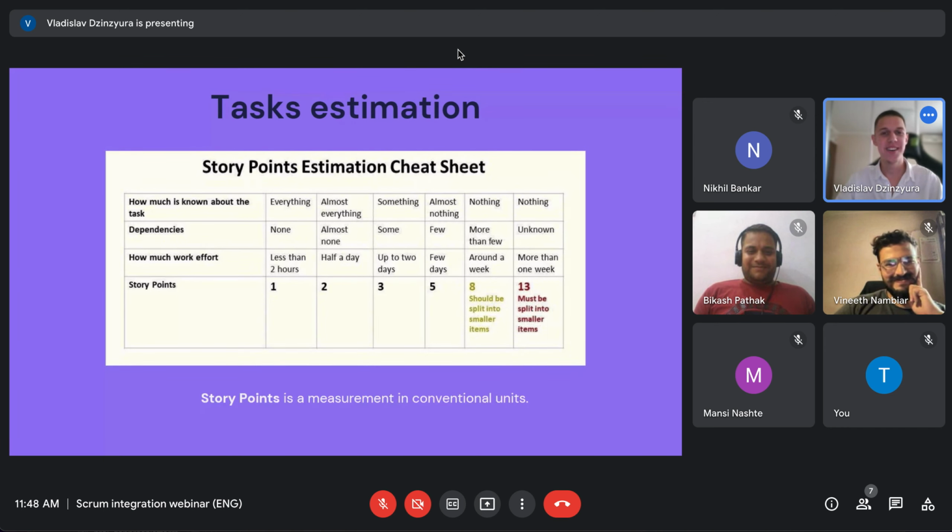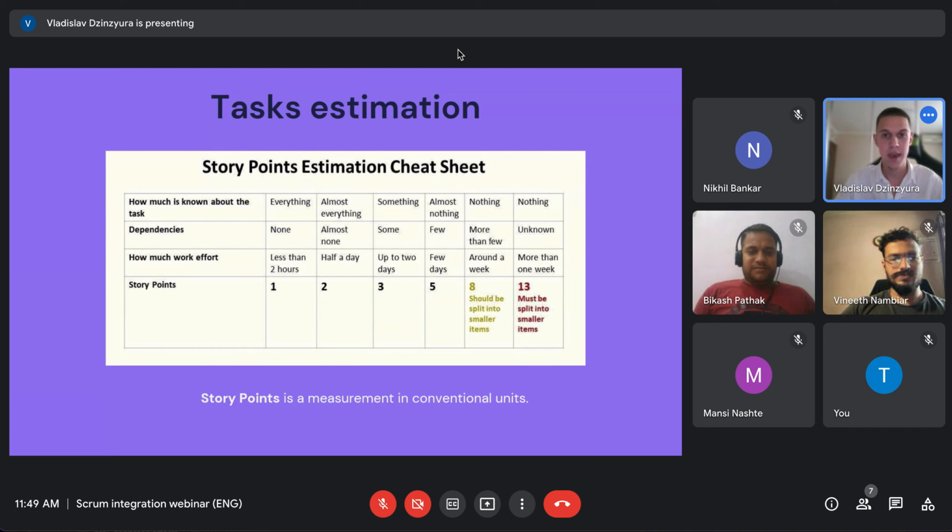So the story points are a measurement in conventional units. Such conventional units cannot be perfectly translated into specific hours or days. In other words, it would not be possible to say exactly how long the task will take us.